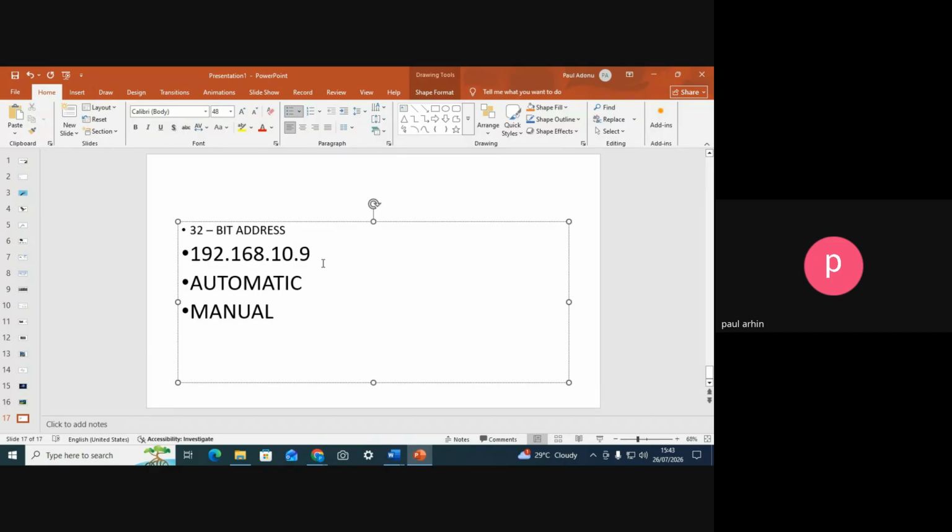If it is manual, then it means that you, the network administrator, must move from one machine to other machines and set the IP address on each machine yourself.